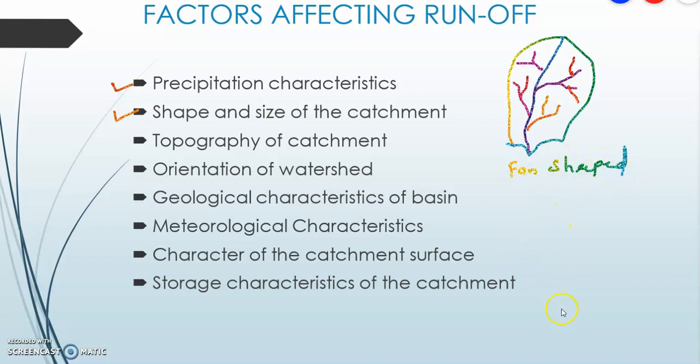There's another one which is fern shape. Suppose the shape of this watershed is like a fern.